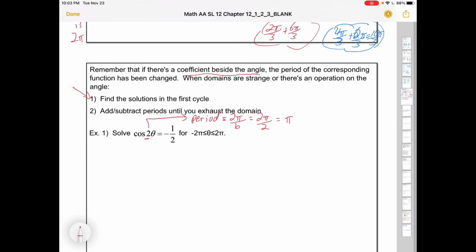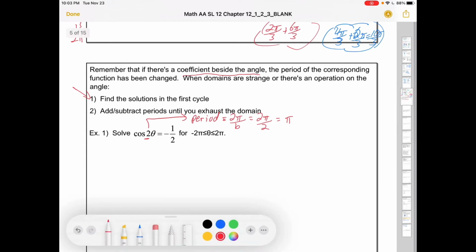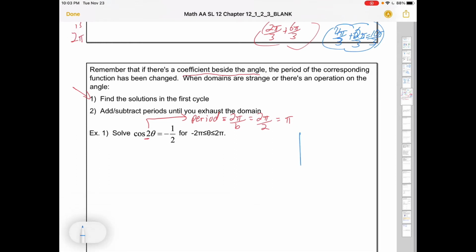Let's think of it graphically. If I graphed cos of 2 theta, I know that it's going to do this. It's going to go up, down, middle. That's going to get us to pi because the period of this function is pi.